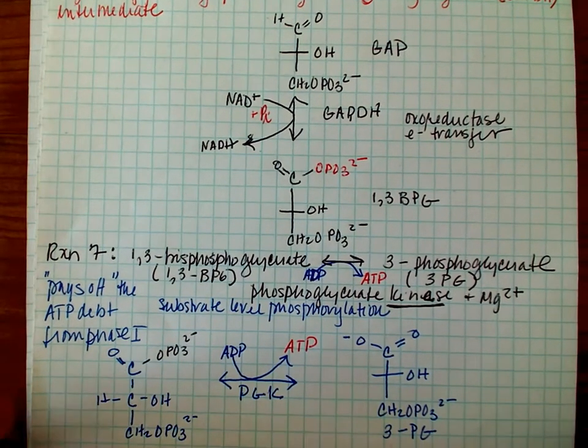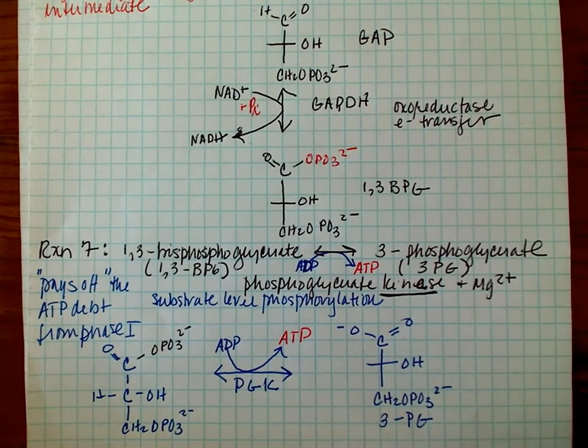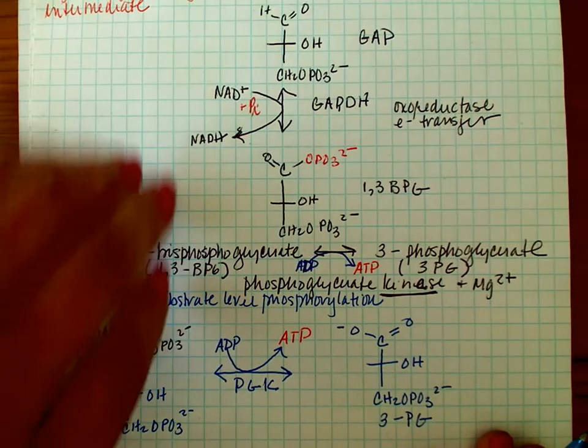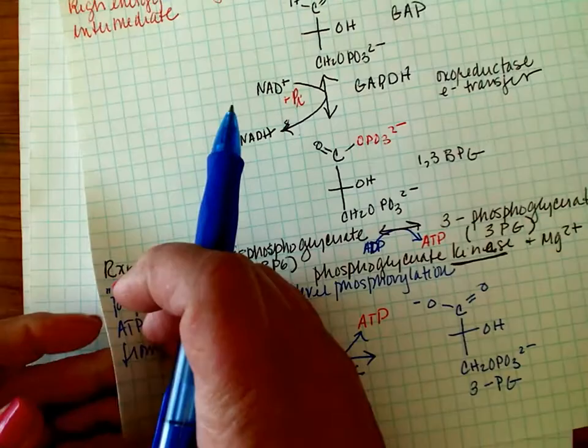Sorry, move that up a little bit there for you. 3 more reactions. And we need to make 2 more molecules of ATP in order to gain from this pathway.